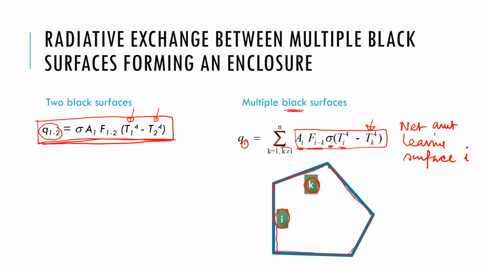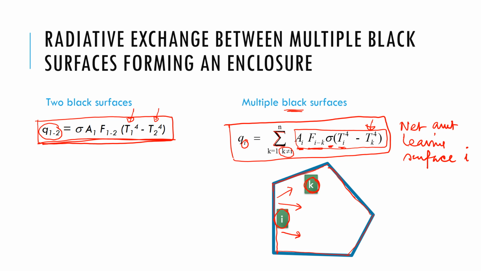Of course, k is not equal to i. We're not talking about exchange of a surface with itself. So this equation gives the net amount leaving surface i.